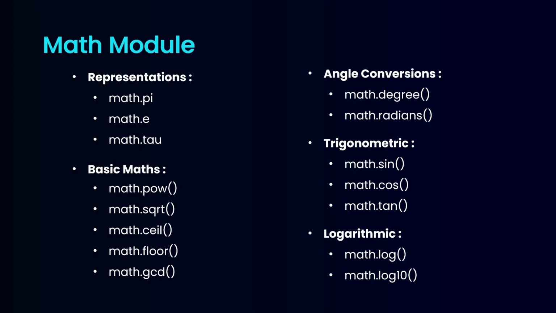Then we have more functions, like the basic math functions that we covered, representational functions that we covered, and the attributes. And then we have angle conversions, where we have math.degrees, which converts to degrees if you are giving it radians as a parameter. Then we have math.radians, which will convert degrees to radians.